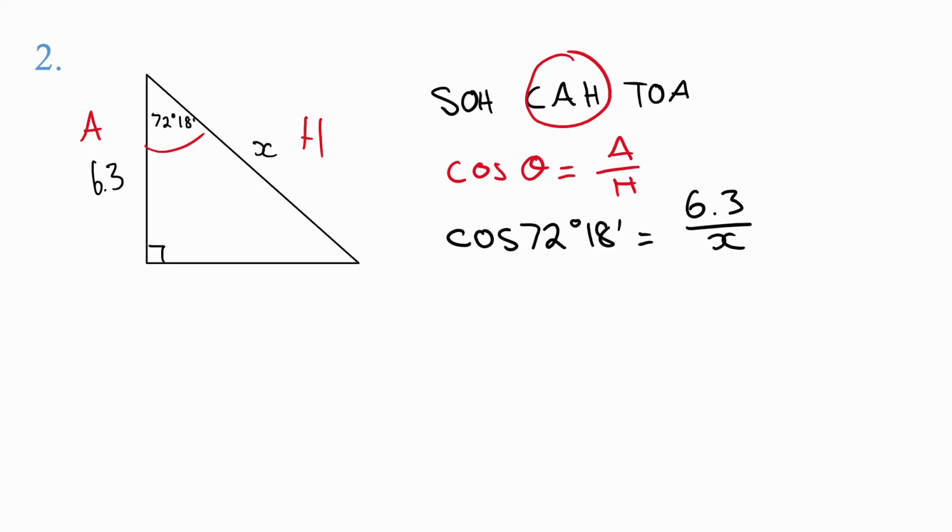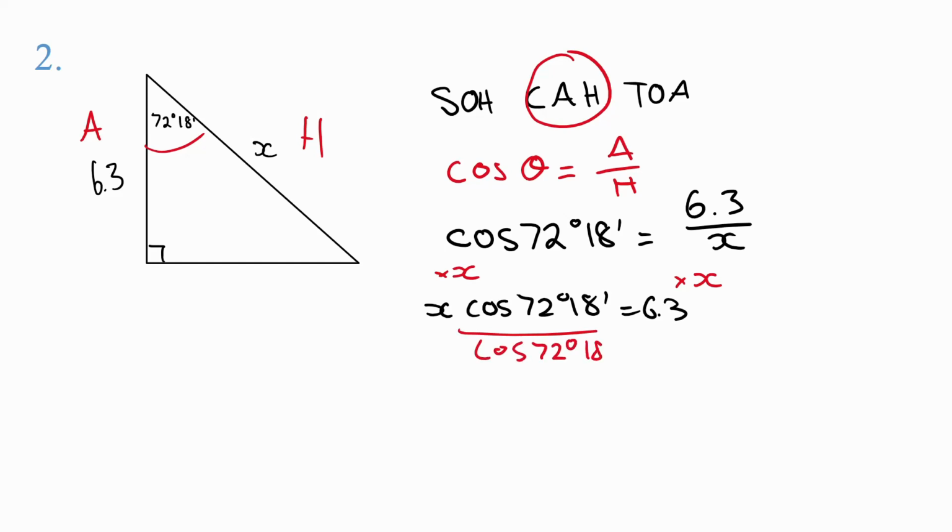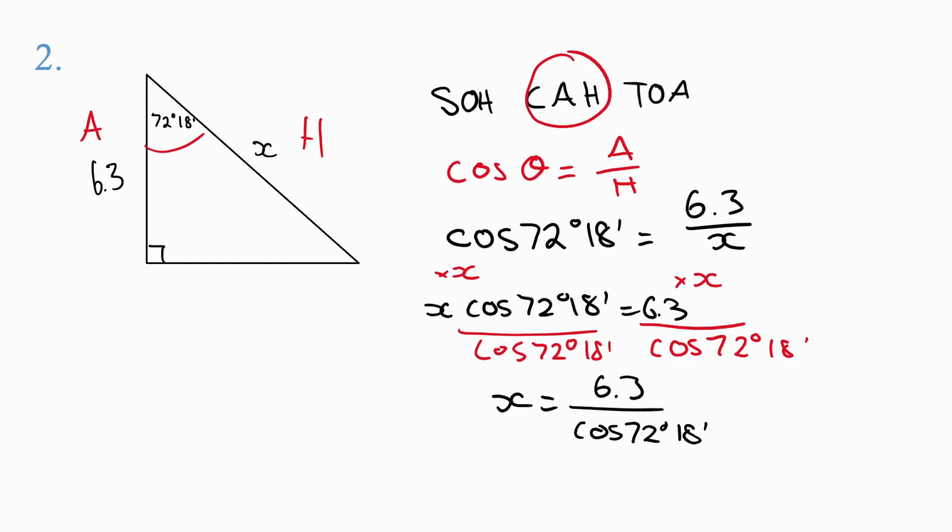The long way to rearrange this would be to times x, and then I'm left with x cos 72 degrees 18 minutes equals 6.3, and then I divide by cos 72 degrees 18 minutes, and I'm left with x equals 6.3 over cos 72 degrees 18 minutes. That's the long way.